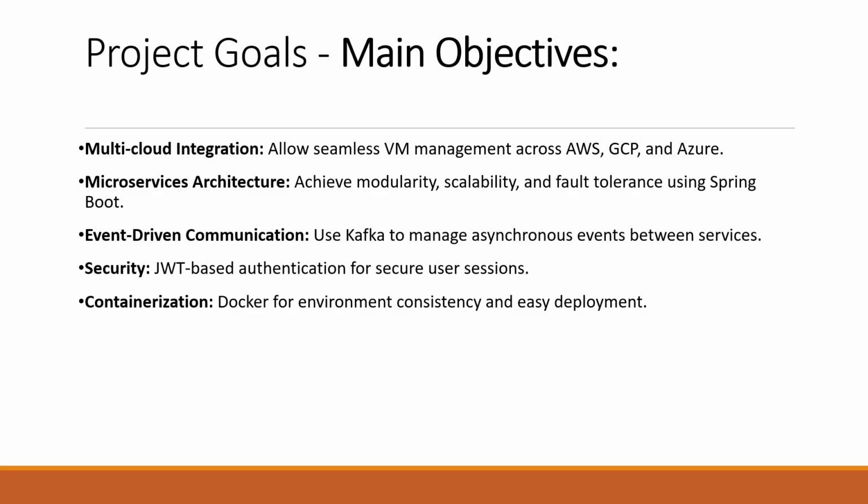The architecture we have used is microservice-based, with a fault tolerance methodology and the messaging service of Kafka. For security purposes, we have implemented JWT-based authentication for secure user access and management.